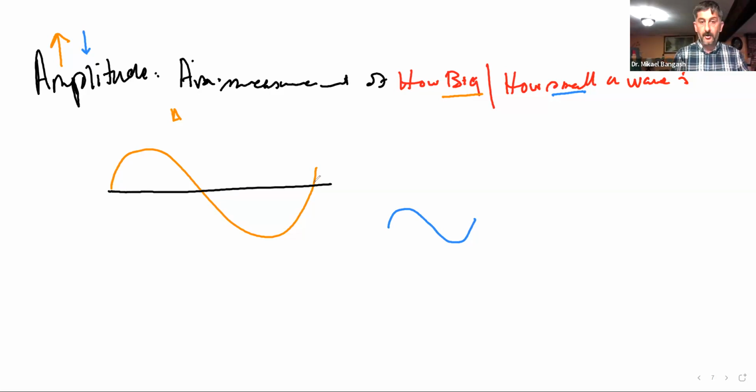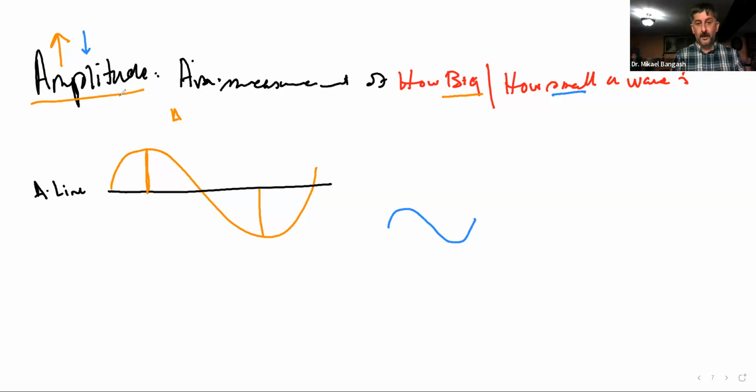We can say it is either from the average line, let's label this one here as the average line, to the peak, or from the average line to the trough. Is that clear? That is going to be the amplitude of this wave here.